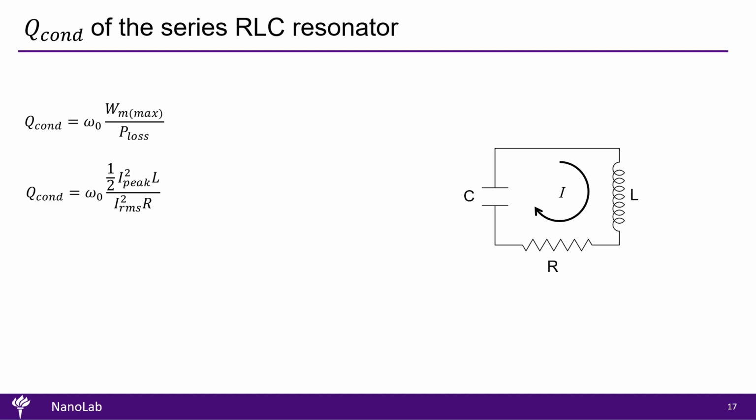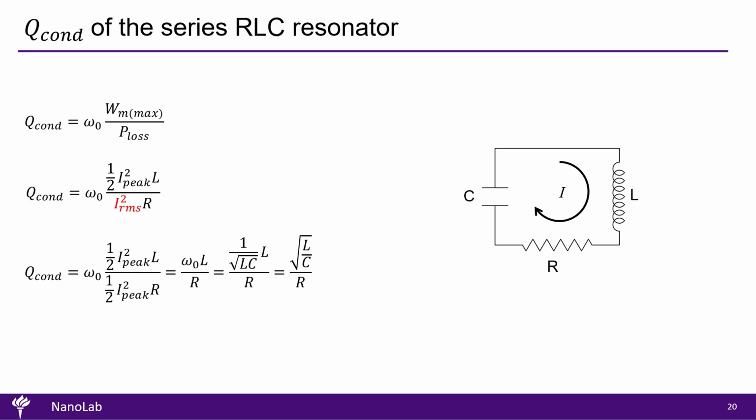Since the current in the resonator is sinusoidal, the RMS value equals the peak current divided by the square root of 2. Substituting this into the expression, we find that Qcond reduces to omega naught times L divided by R. Finally, replacing omega naught with 1 over the square root of LC, we see that Qcond is equal to the characteristic impedance divided by R.